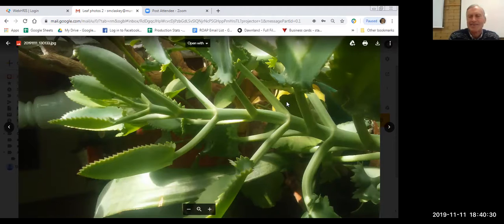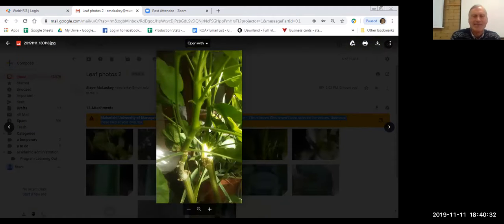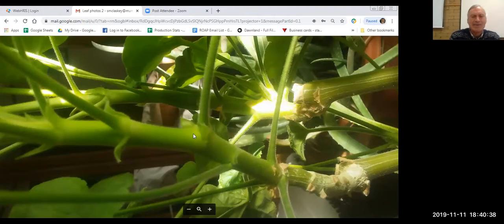Okay. See what else I've got here. Oh, nice. So here, we've got one leaf attached here. There's another one attached there, another one attached there. So this is not opposite, is it?